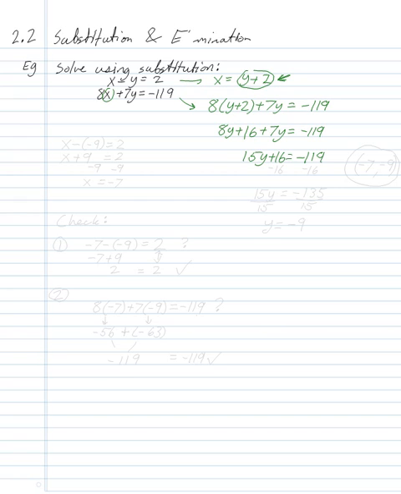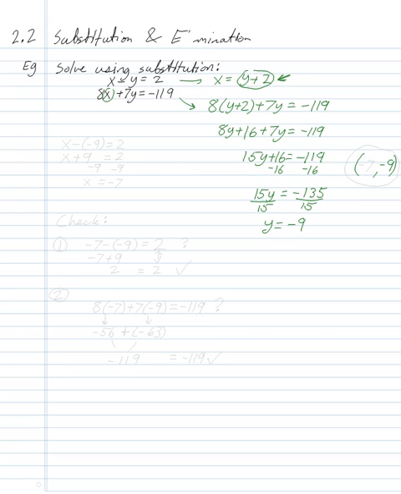And finally, if I subtract 16 from both sides, I see that 15y equals negative 135. And if I divide both sides by 15, I see that y is equal to negative 9. So that is half the battle. Our solution point will have a y-coordinate of negative 9.